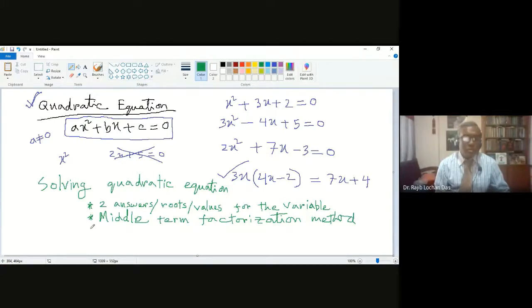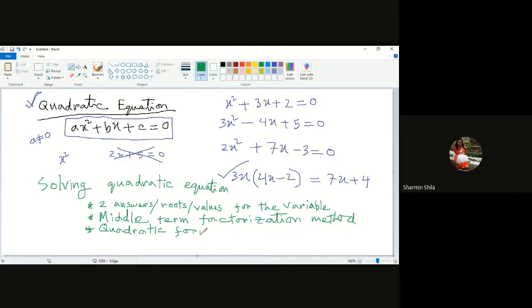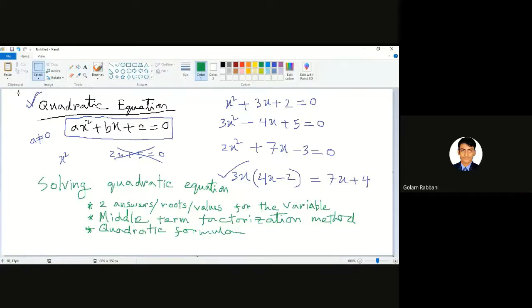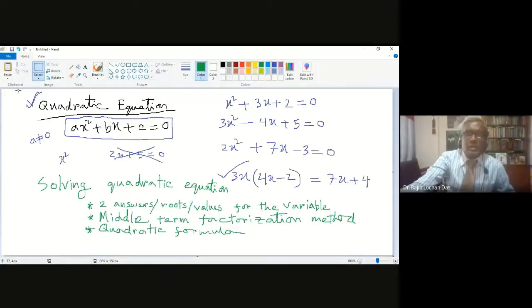Another method is called the quadratic formula. I will also show you how to use that. So are we ready to do that now? Yes, sir.